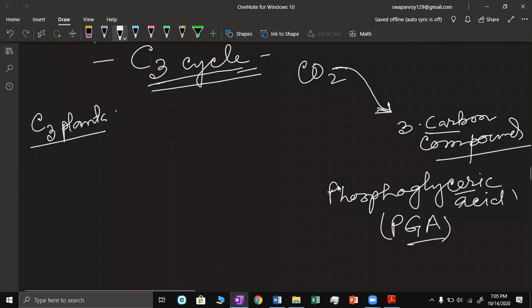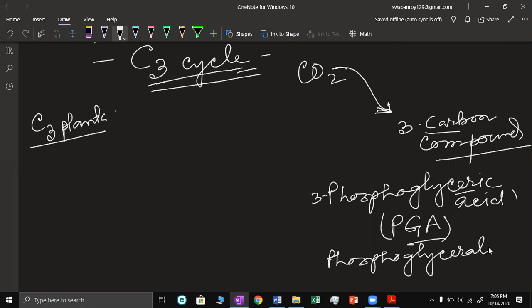This one is 3-phosphoglyceric acid or 3-phosphoglycerate. This phosphoglyceric acid is a 3 carbon compound.